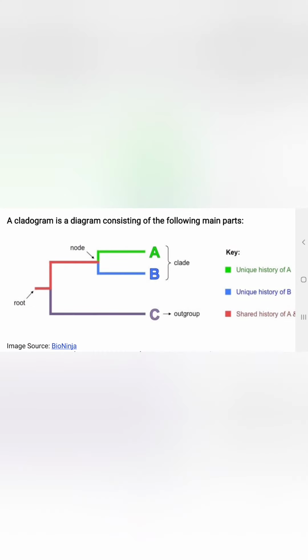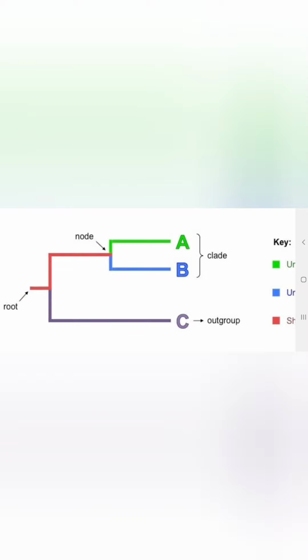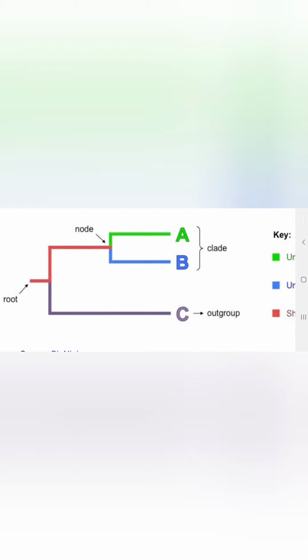So students, you can see here this is a cladogram, which is represented by a root, that is an ancestor, and then we can see it has different branching types.